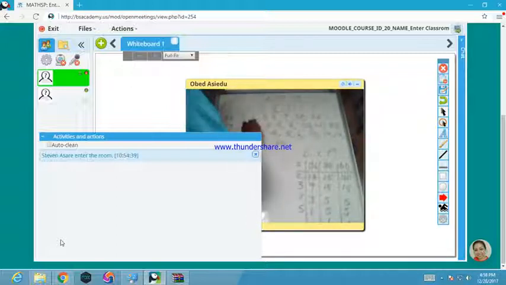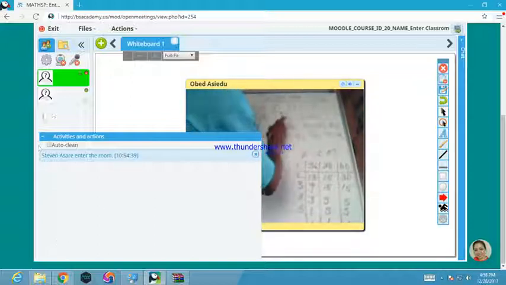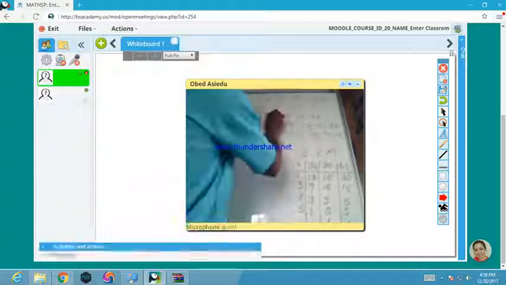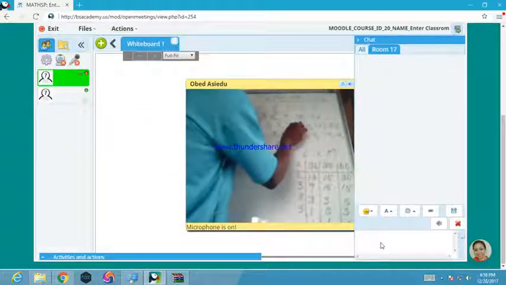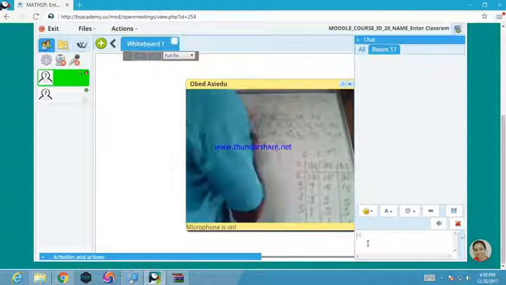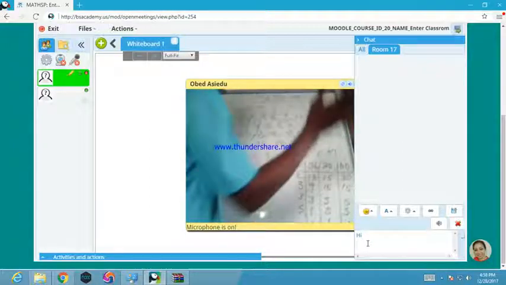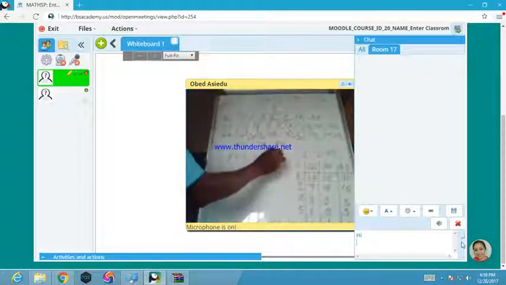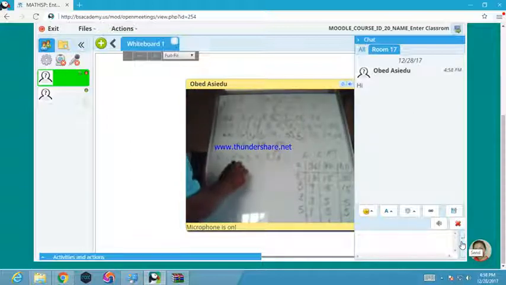Now we have 1, 2, 3, and 6. 5 is not common. 4 is not common, but 6 is common. 9 is not common. 18 is not common. 10 is not common. 15 is not common. 30 is not common. So the highest common factor from this is 6. So therefore, HCF is equal to 6.